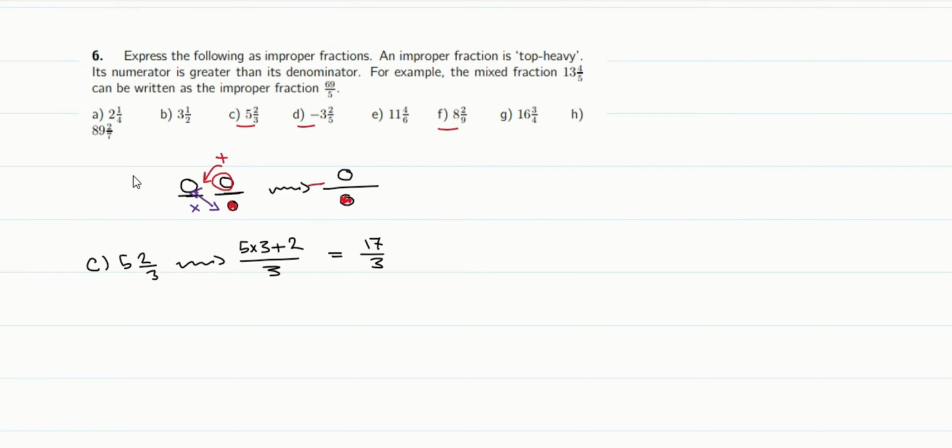Now let's solve D, which is minus 3 and 2 over 5. As you remember from the previous examples, when we are dealing with a negative sign in here, we just omit the negative sign for the first steps. Then we bring it back at the last stage. So in order to change this, I'm just going to act like this is a positive number for now. So the denominator would stay the same again.